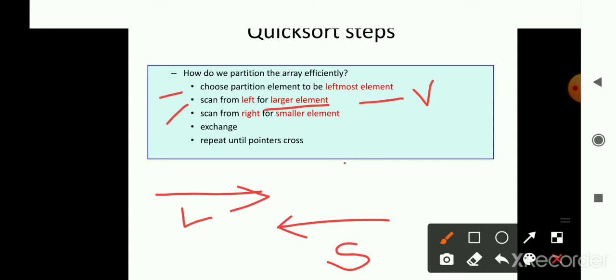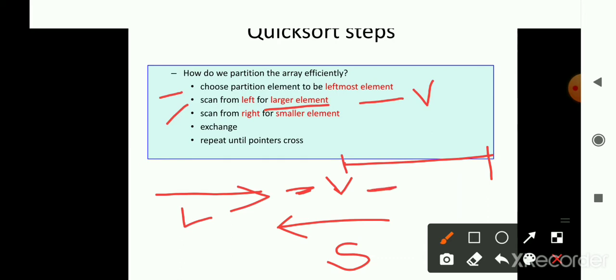Suppose we have this list, and in this list we choose this one as a pivot. The elements less than the pivot should be on the left-hand side and the greater elements should be on the right-hand side.